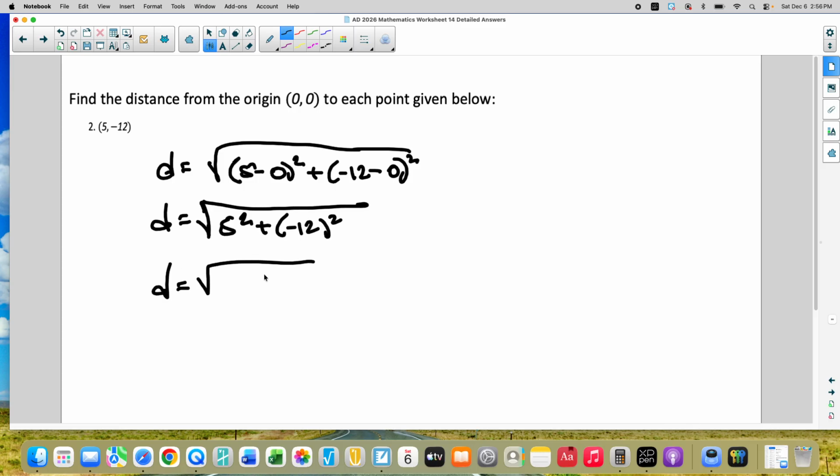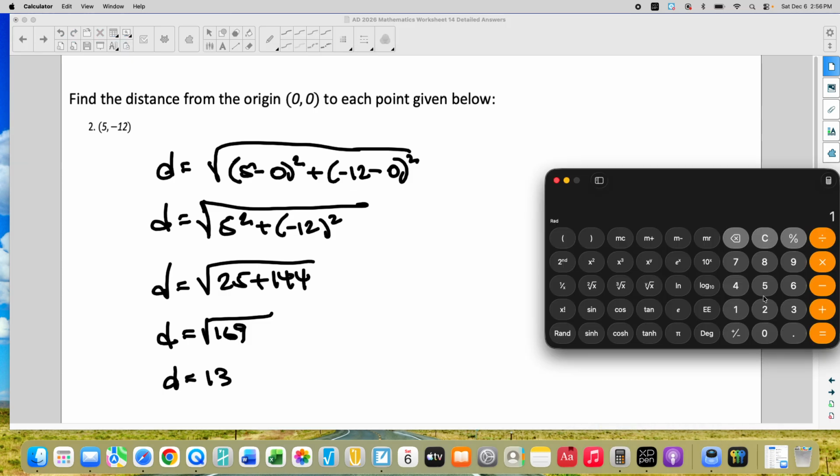Distance is going to equal the square root of 25 plus 144. Distance equals the square root of 169. Distance equals 13. The square root of 169 is 13.